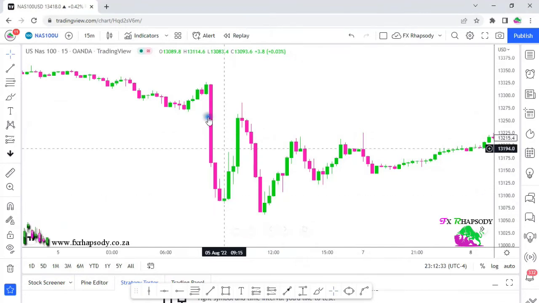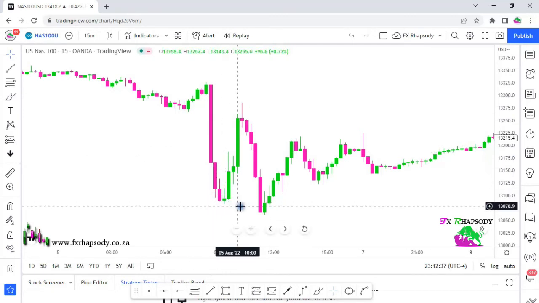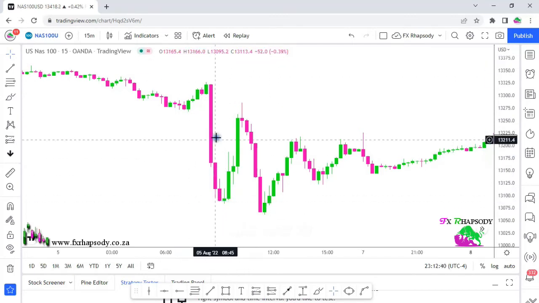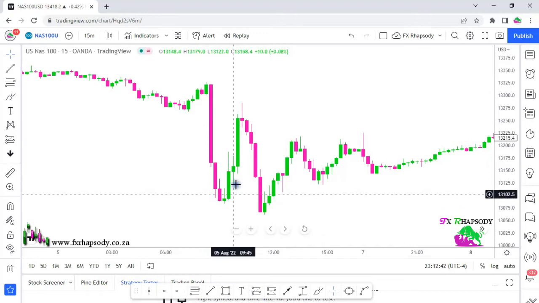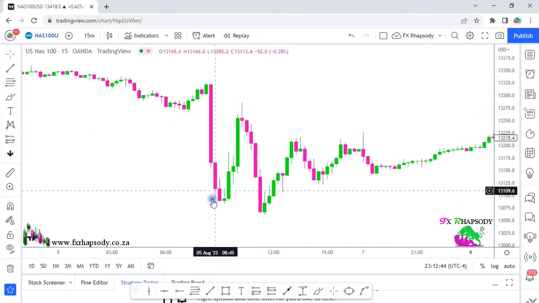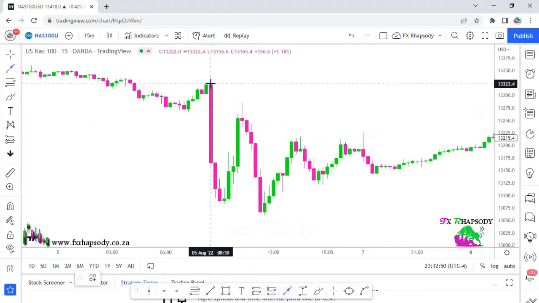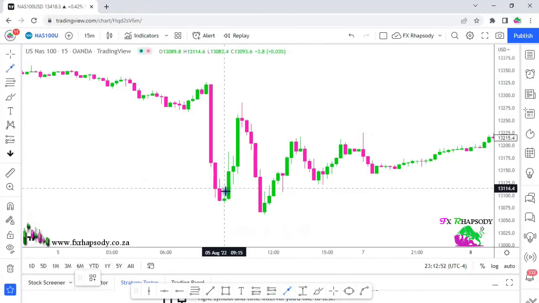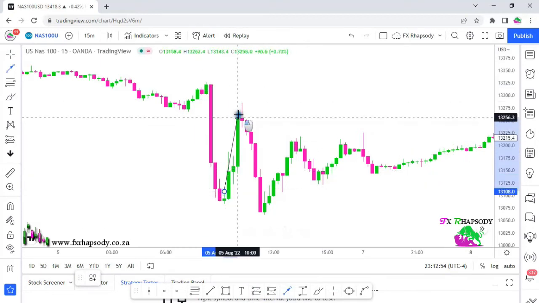So what happens is, once that move happens, you want to wait for any type of retracement. So the market fell and then you trade it. What I always do is I trade the pullback.